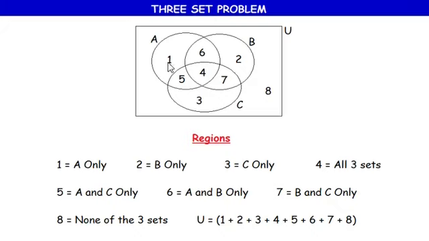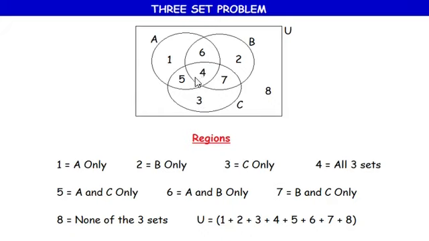Region 1, as you can see, is A only, members that belong to only set A. Region 2 is B only, members that belong to only set B. Region 3, members that belong to set C only, right? So C only.